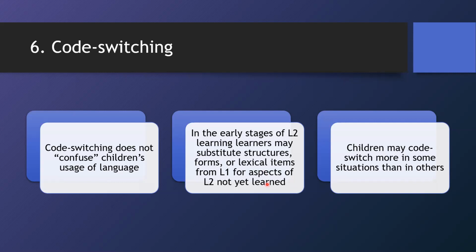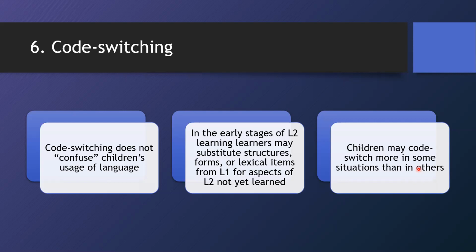And that's what this is. In the early stages, your transfer is going to be a lot more prevalent because you're drawing on the structures that you already know to try to apply them to the language that you're learning. And kids code switch more in some situations than in others, and you just need to be sensitive to that.